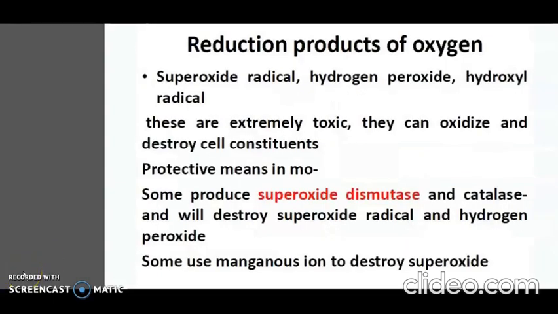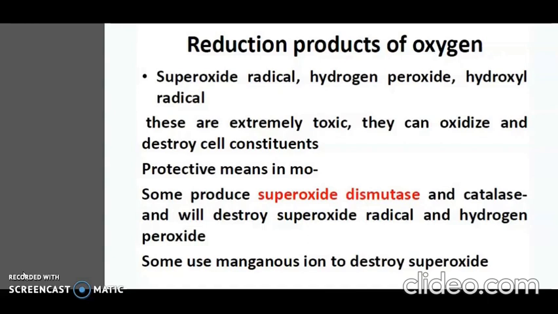In the case of aerobic respiration, oxygen acts as the terminal electron acceptor of the electron transport chain. Oxygen accepts the electron and becomes reduced to form reduction products such as superoxide radical, hydrogen peroxide, and hydroxyl radical. These reduction products are highly toxic to the microbial cell.